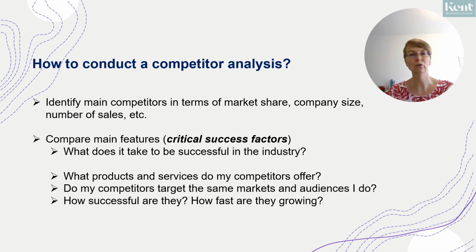You can also look at reports from consultants that identify main competitors. But if you are very alert to the competitors, you know who the main competitors are. And you can do research on their websites, on their annual reports to see how much they have grown, what their sales are like, what their profit is like, in terms of general company size and so on. So you need to be aware of the main competitors.